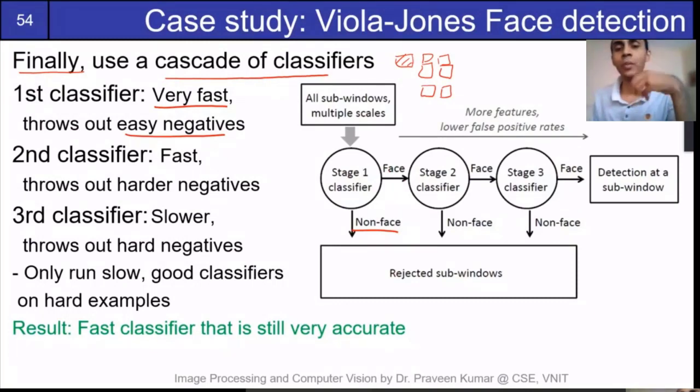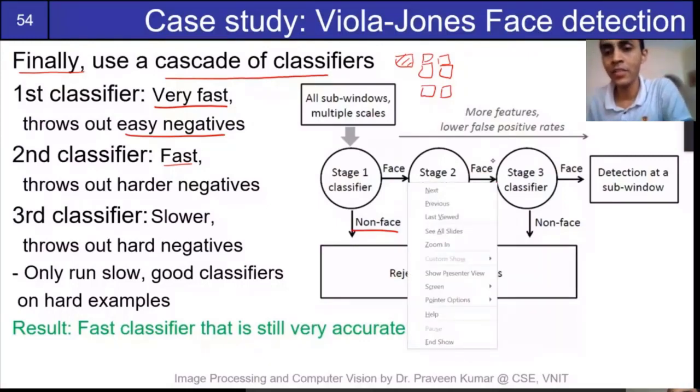So in stage 2, we can use a more robust classifier, which is not as fast, but still fast, and it will throw out some of the false positives which were passed on from stage 1. It will be able to reject those non-faces, and pass the remaining candidates to the next stage of the classifier.